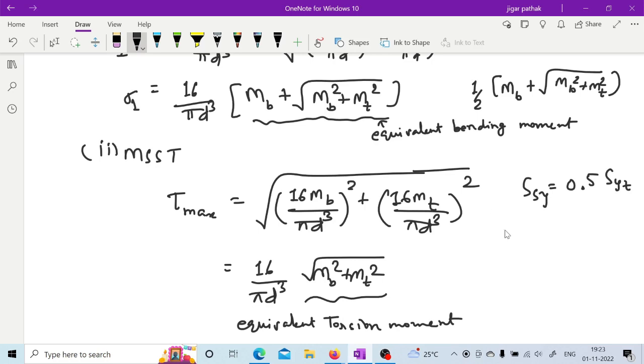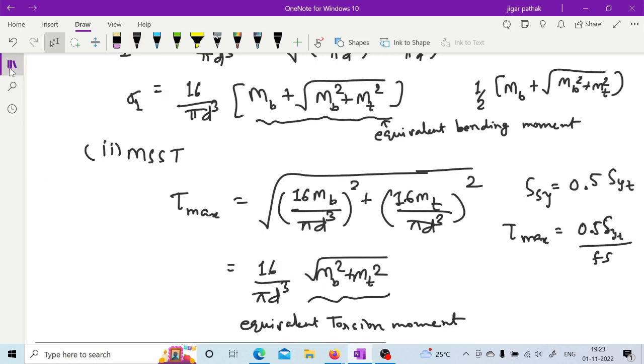So you can find this tau max as 0.5 Syt upon factor of safety. So this is how you have both theories of failure which can be used while designing a shaft based on strength.